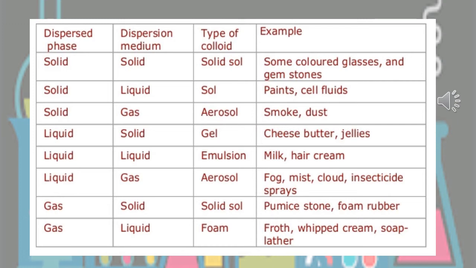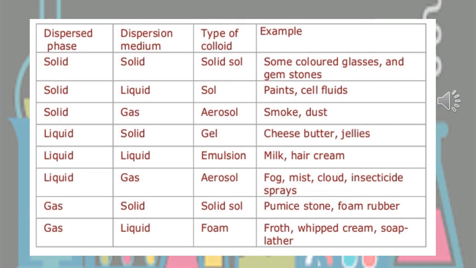If it is solid in liquid, then it is a sol. Examples are paints, inks, egg white, etc. If it is solid in gas, then it is named an aerosol. Examples are smoke, dust, etc. Similarly, liquid in solid, liquid in liquid, liquid in gas, gas in solid and gas in liquid are named foam.